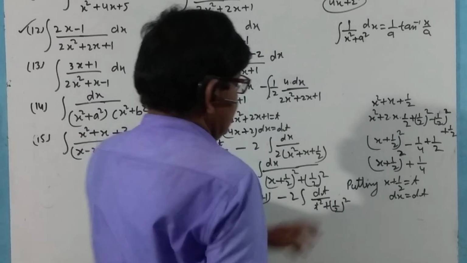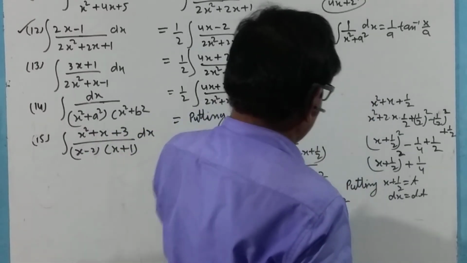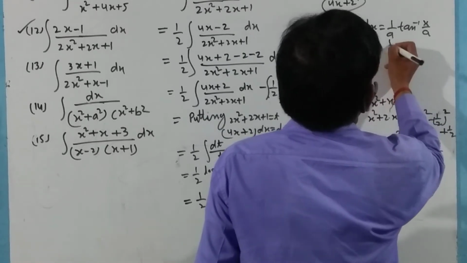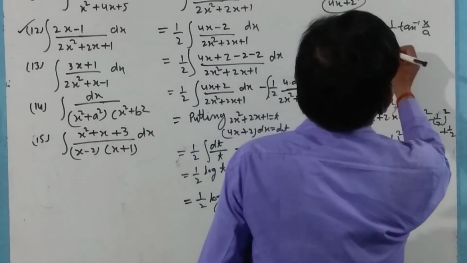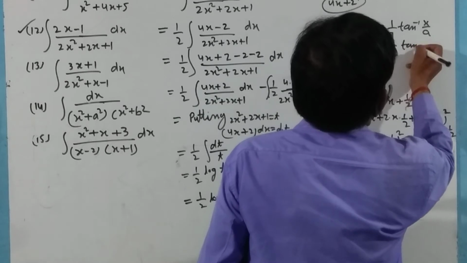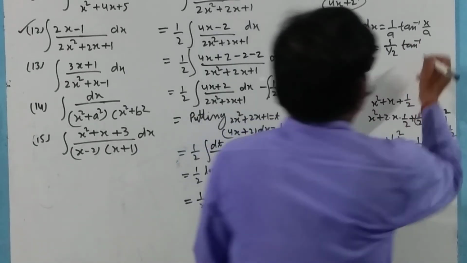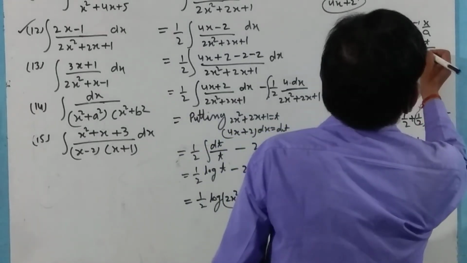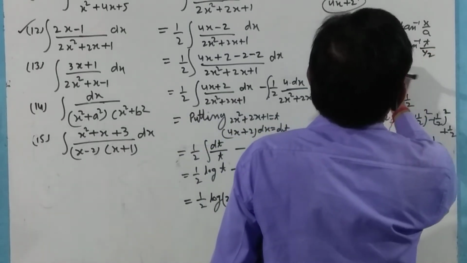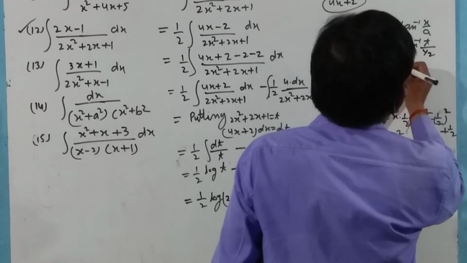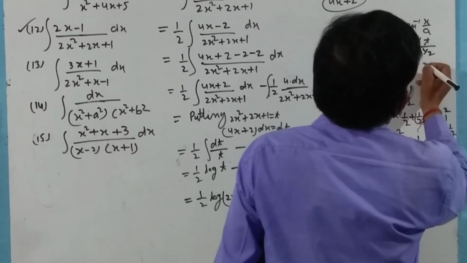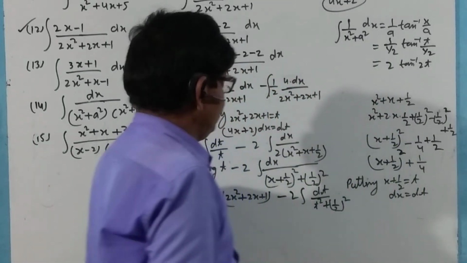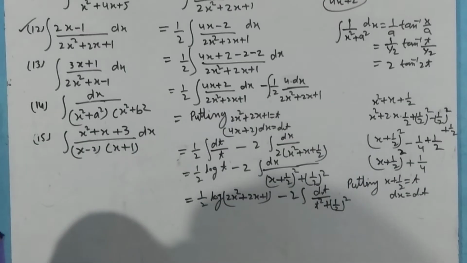In this case, x equal to t and a equal to half, so 1 by a, 1 by 1/2, tan inverse of x, meaning t by a, equal to 2 tan inverse 2t here.